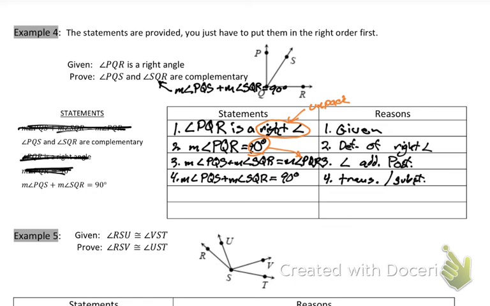Okay, so we now have, I used this one. So my last one must be that last step that says that angle PQS and angle SQR are complementary. I'm going to use the bottom line to finish that.